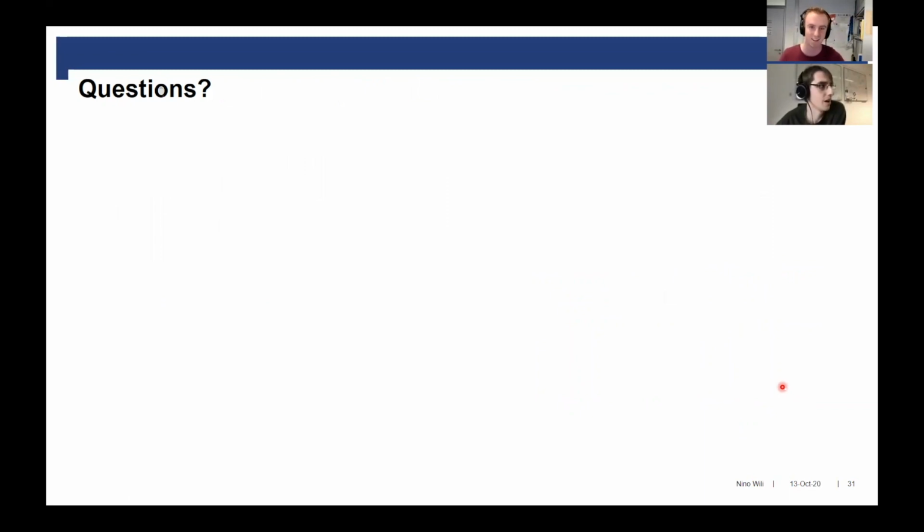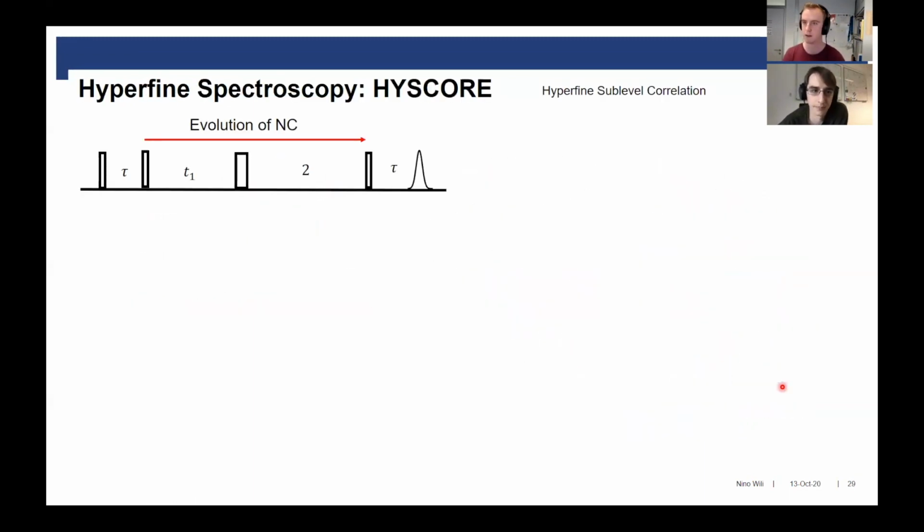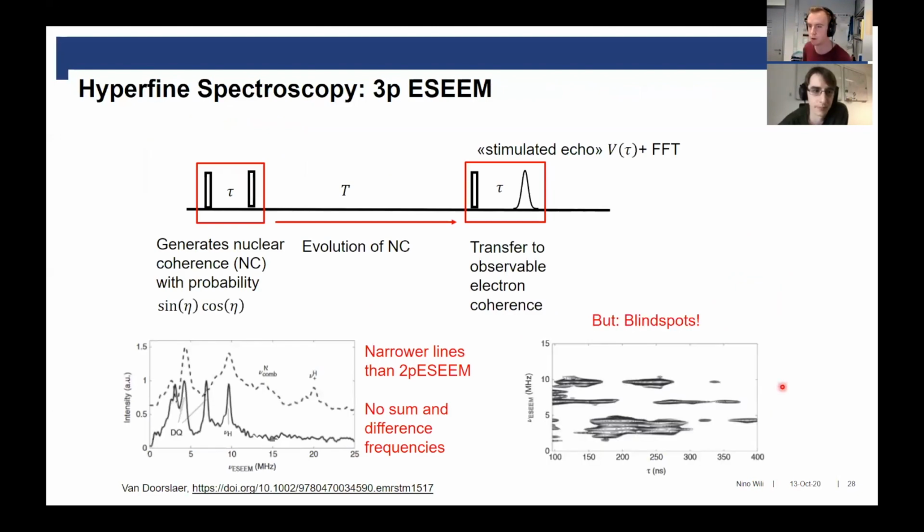Okay. So Quentin asks, in the 3-pulse ESEEM, is electron relaxation during your T delay an issue, or are you only concerned with the nuclear coherence during this delay? So it's not really the relaxation that is a problem. Of course, if you have very fast T1, if you relax everything back, then it is a problem.